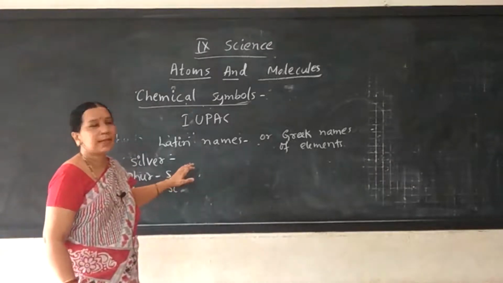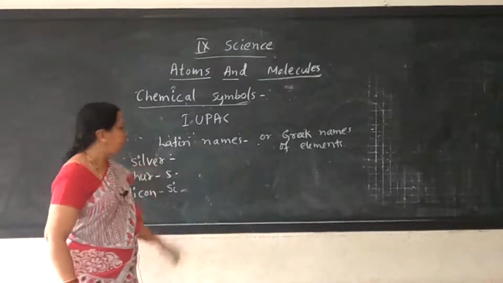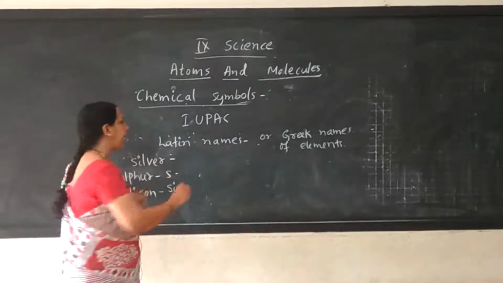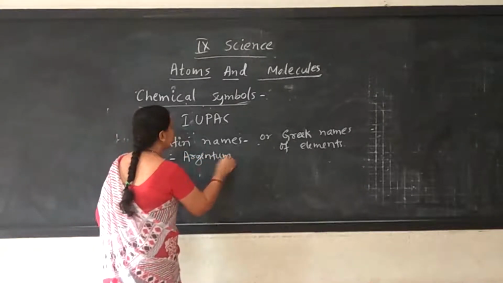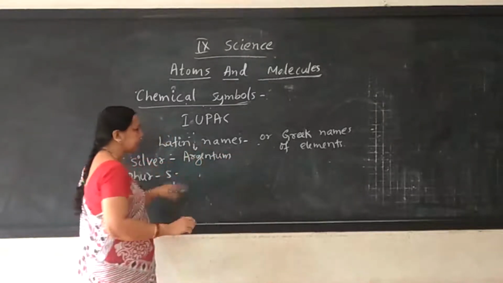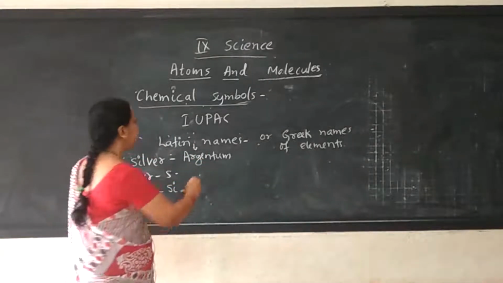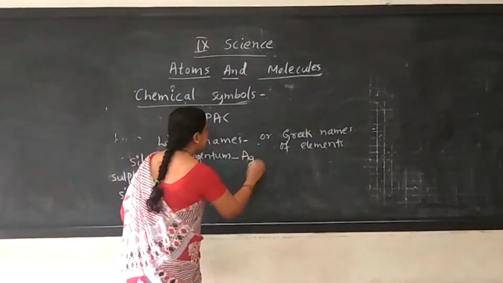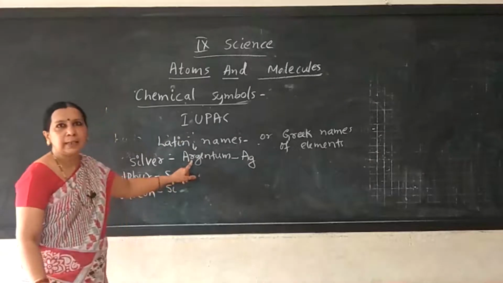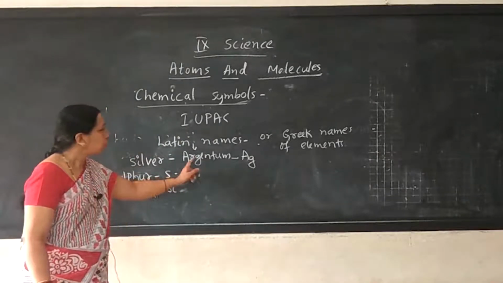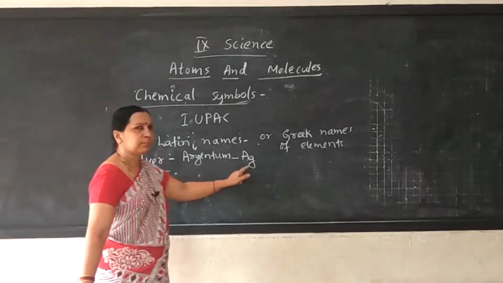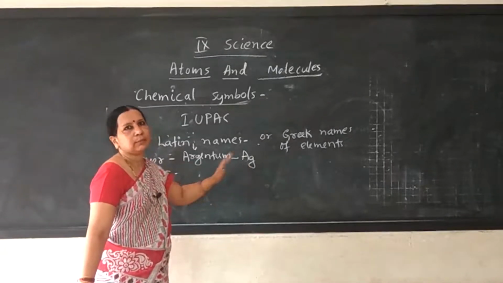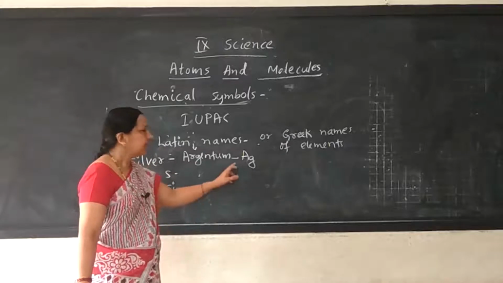We use the Latin name of silver, called argentum, and we write the symbol as Ag, not Ar. Ar is the symbol of argon. So the later letter we consider, Ag. So argentum, silver, the symbol is Ag.